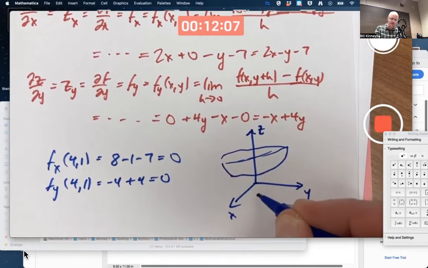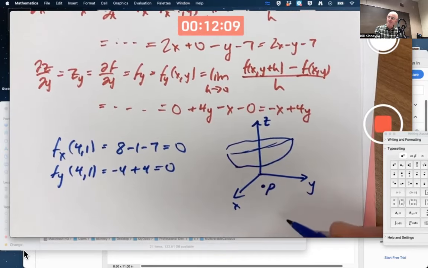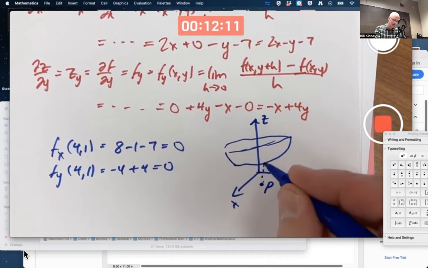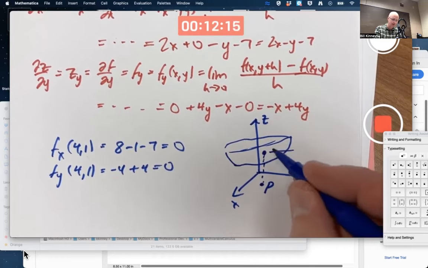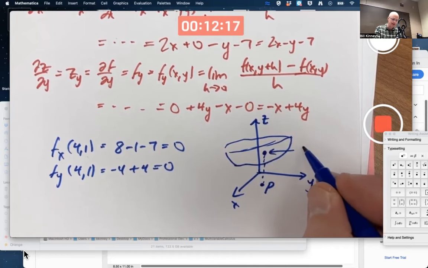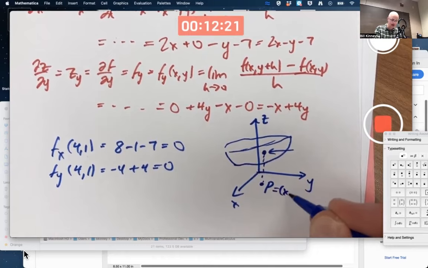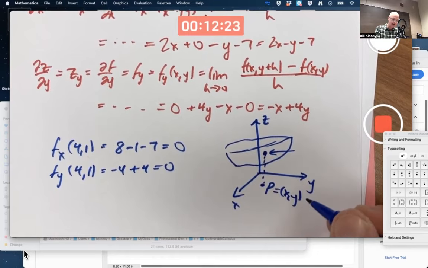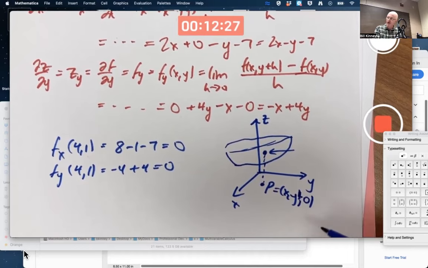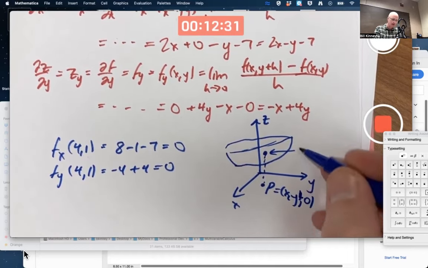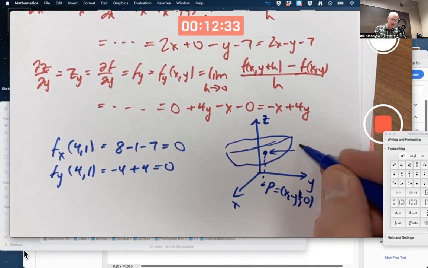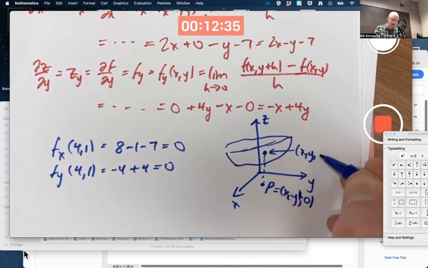I've got this point P and a corresponding point on the graph itself, whose third coordinate is z equals f of P, if P has coordinates x, y. As a three-dimensional point, its third coordinate would be 0 if it's in the xy plane. This point as a three-dimensional point would have coordinates x, y, f of x, y.